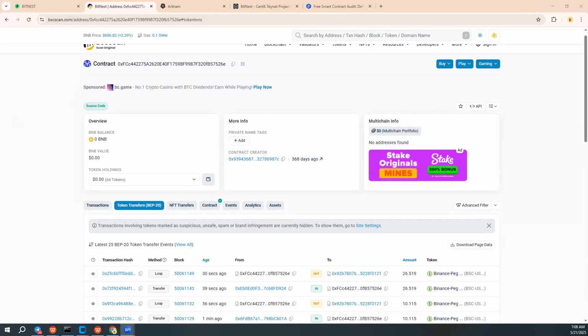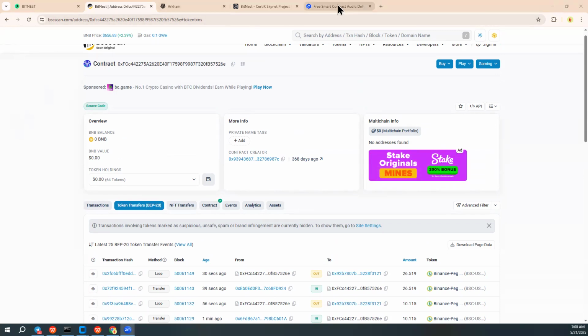Let's look at the question that people have. If the liquidity contract is not locked, can the contract creator move all funds? Is this possible? Please clarify.